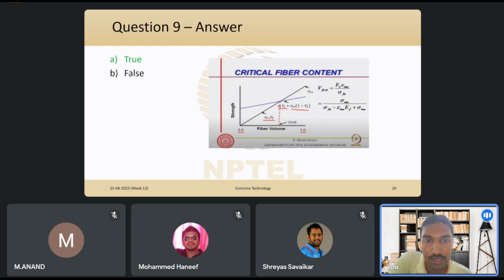Higher than the critical volume, the pure fiber case can carry more strength than your fiber reinforced concrete. Why? Because the fiber generally has a higher modulus of elasticity than your mortar. So after this critical volume, the fiber can take more load than your fiber reinforced concrete.